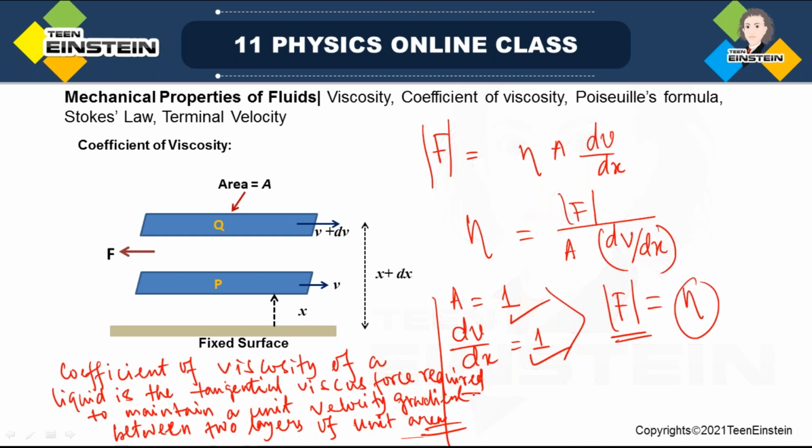Okay, so that is the definition of the coefficient of viscosity.